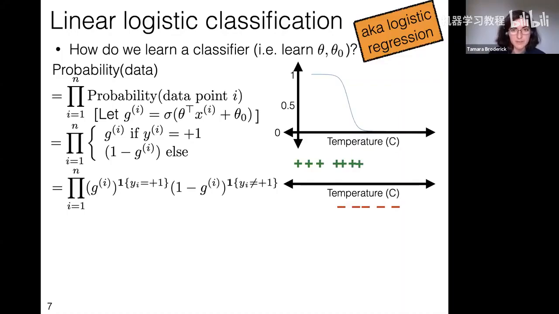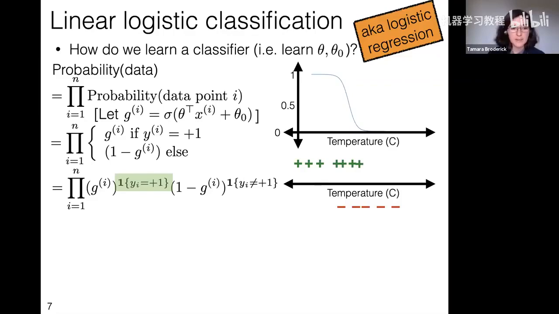So let me explain what's happening here. First of all, this notation where there's a 1 and then these brackets, you should evaluate that to be 1 if the thing inside the brackets is true and 0 otherwise. So this quantity is 1 if y_i is +1, and it's 0 if y_i is not +1.